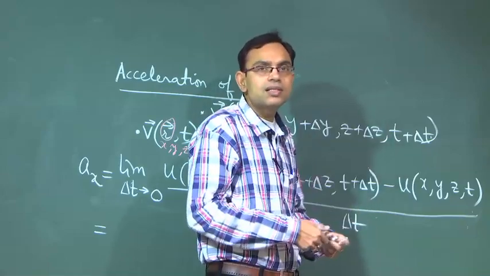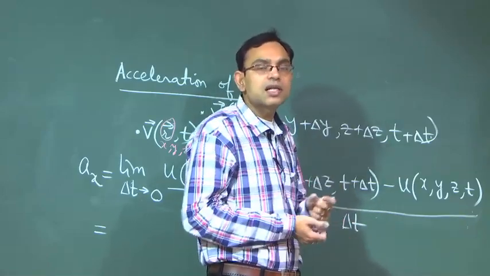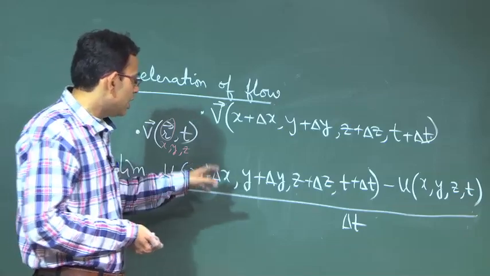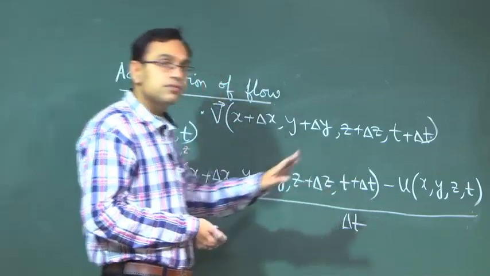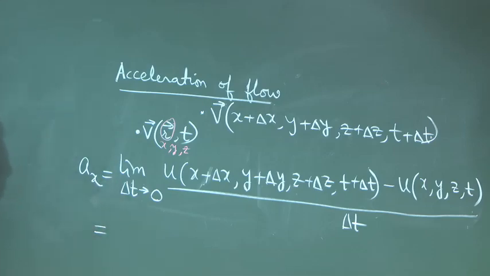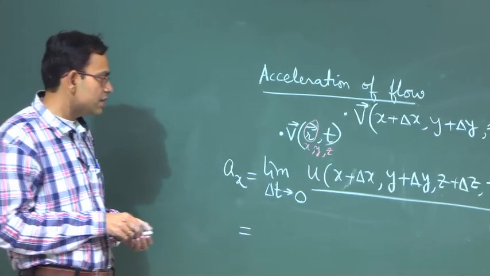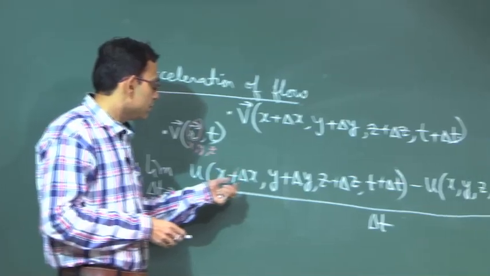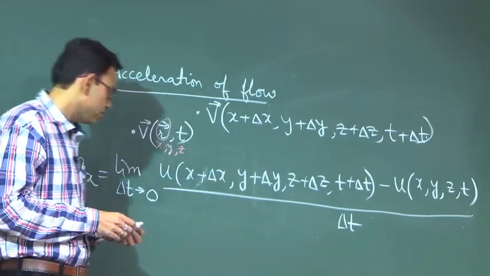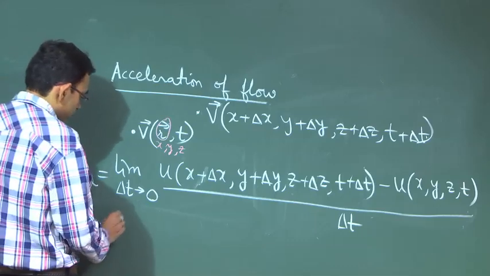So what we will do is a Taylor series expansion. In the Taylor series expansion here there are 4 variables. In ordinary differential calculus you have just a single variable, but here you have 4 variables.